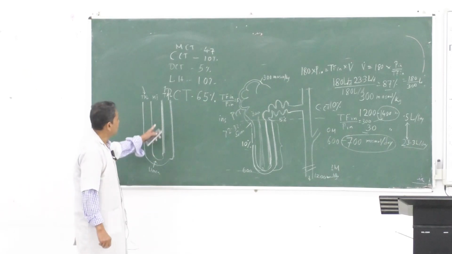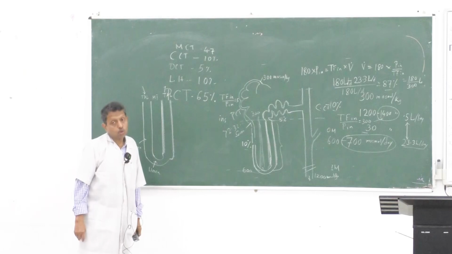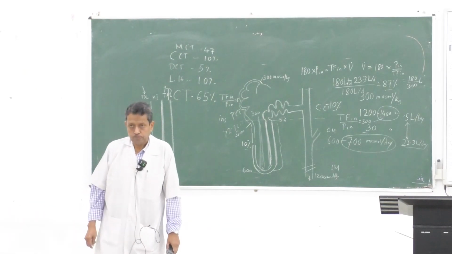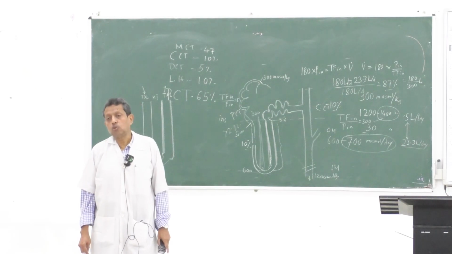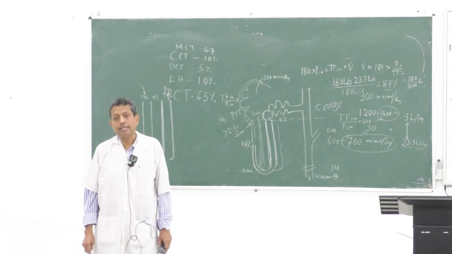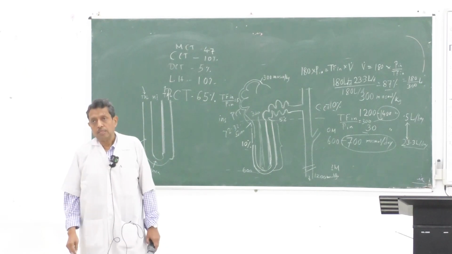So the thick ascending limb of loop of Henle is permeable to sodium chloride by active transport. Sodium potassium 2 chloride transporter, secondary active transport in this. And by the flow stop mechanism.